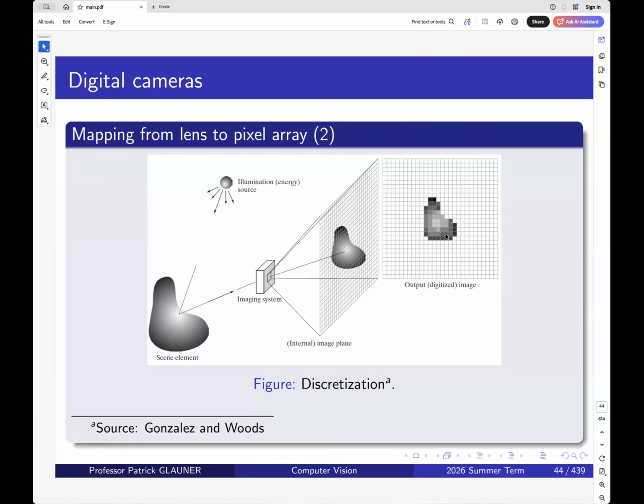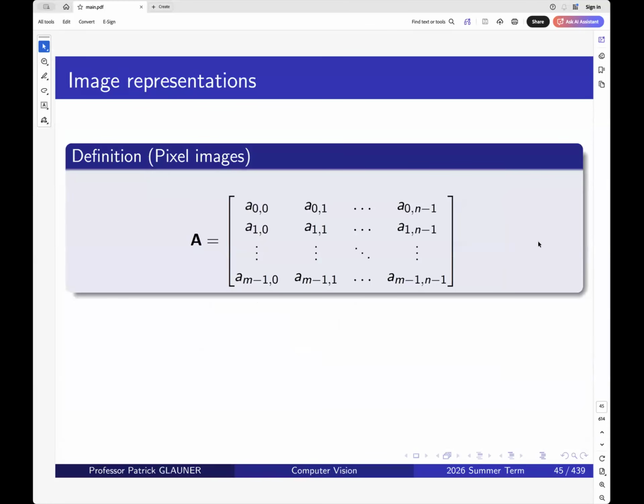So this here would be quite a low value, while these brighter ones would be larger values. Not 255, but closer to 255.